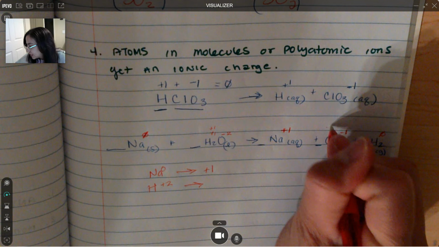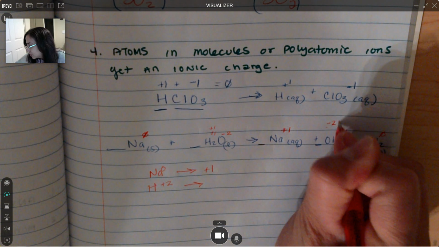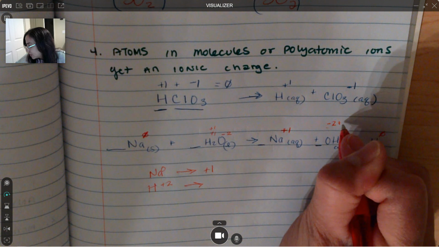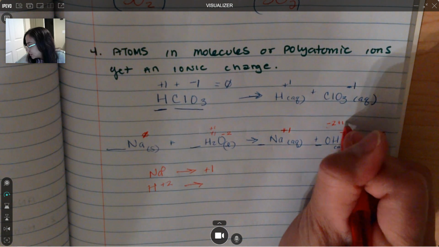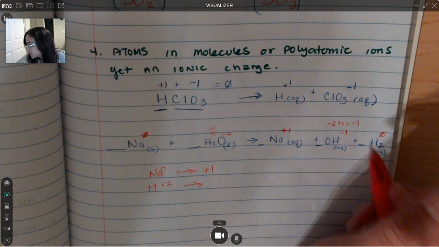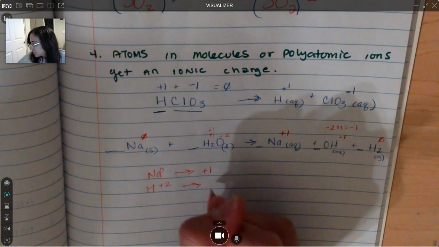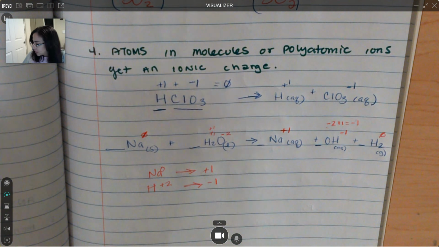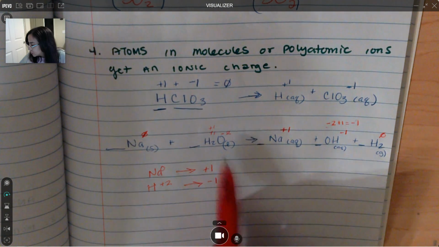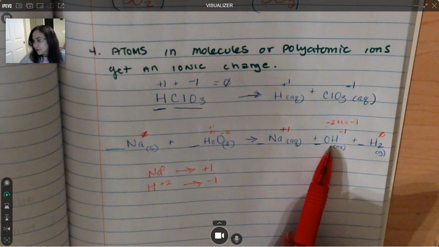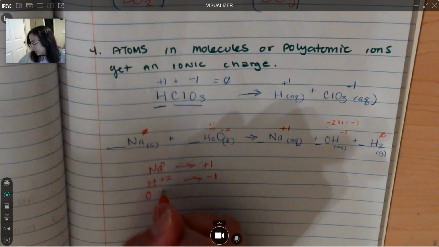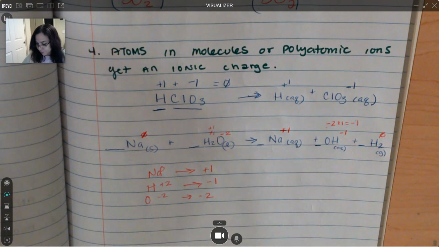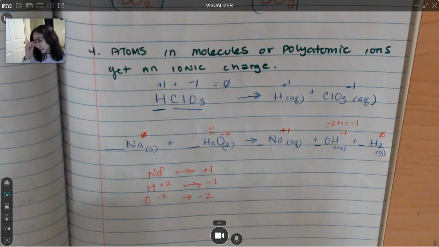So it's going to be -2 plus whatever is going to be that, which is going to be 1 for hydrogen, is going to equal -1. So it's just the -1 charge right there. Okay. And then let's look at oxygen. Oxygen went from a -2 to a -2.